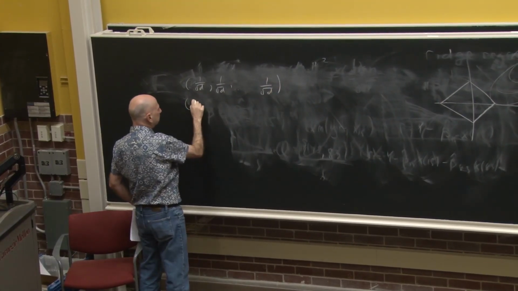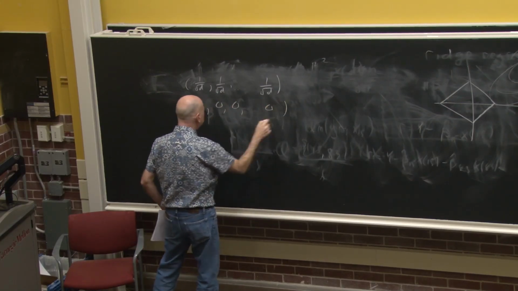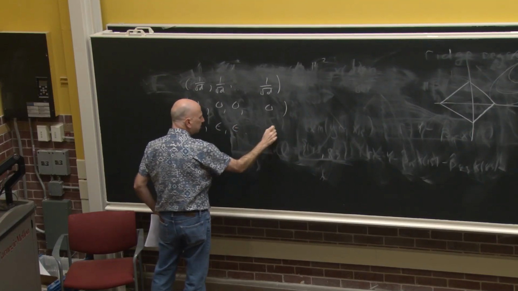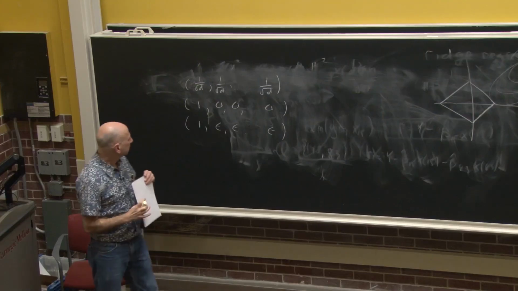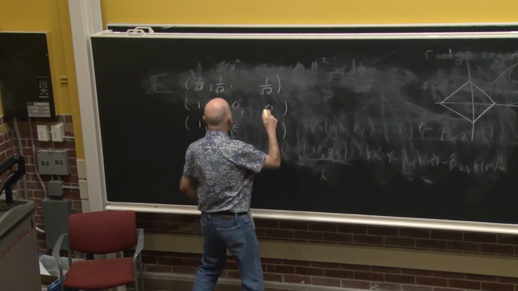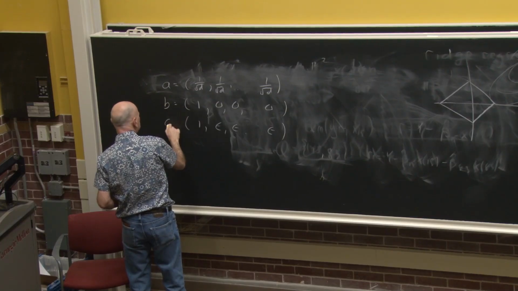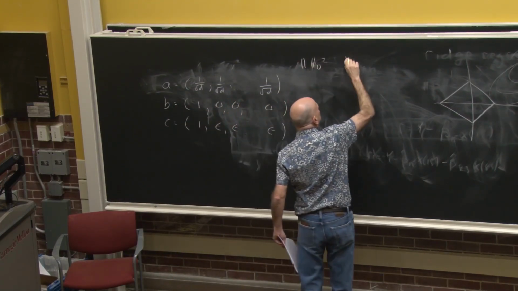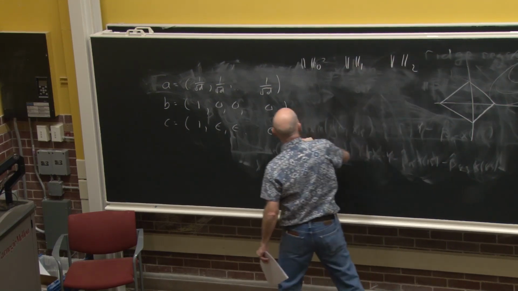Now I want to take 1, 0, 0, 0, 0, 0, 0, and 1, epsilon, epsilon, epsilon, where epsilon is a tiny positive number. Let's consider these three vectors. Now let's look at the norms of these vectors. Let's call these vectors A, B, and C. And I want to look at the L0 norm, the L1 norm, and the L2 norm.